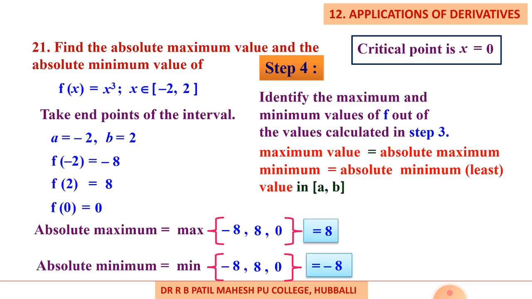So directly you can write down that the absolute minimum value is minus 8. Just compare those values, and then you write down the greatest value as absolute maximum and the least value as absolute minimum.